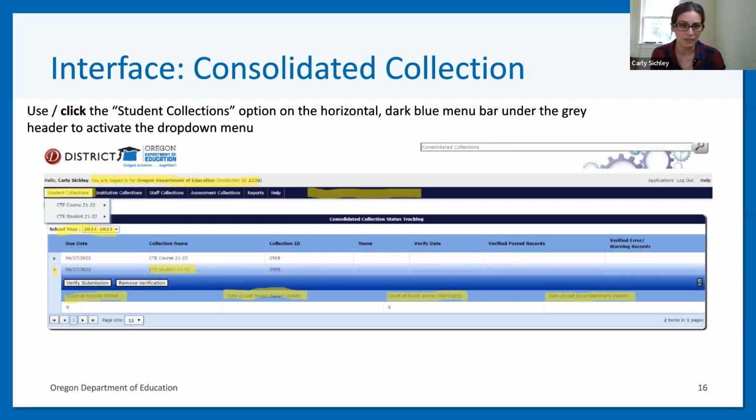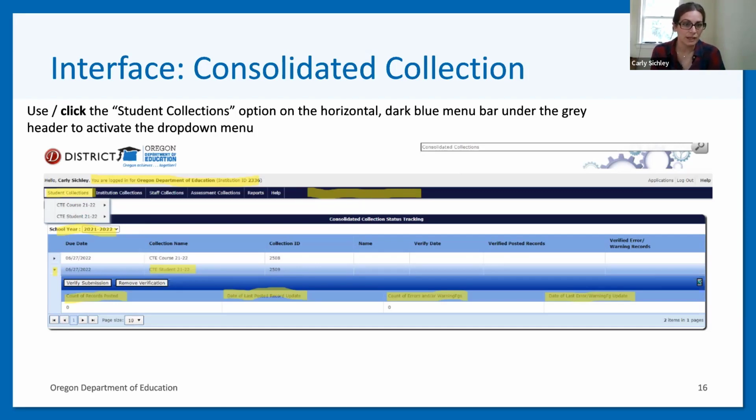From here, I can see if anything has been done yet. I can look at the records that have posted, and if I have already uploaded data or any records for students, I can see what's posted, when it was done, errors and warnings, and the date of those. And you can see it for both the CTE Student and the CTE Course.